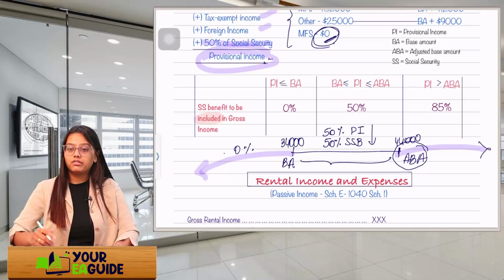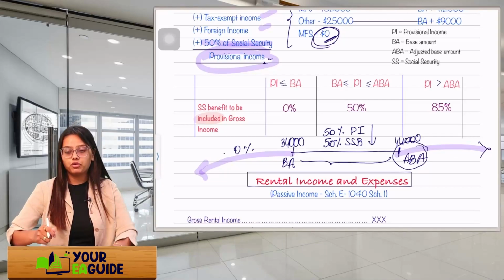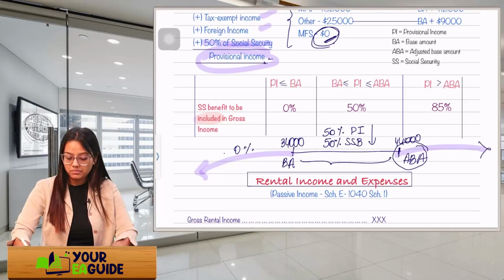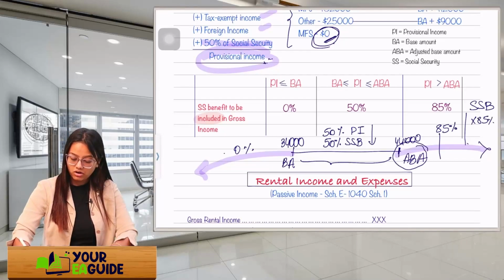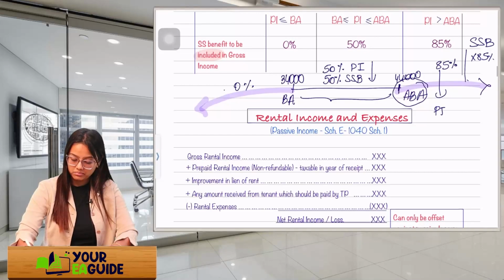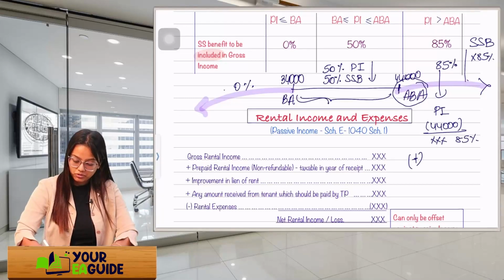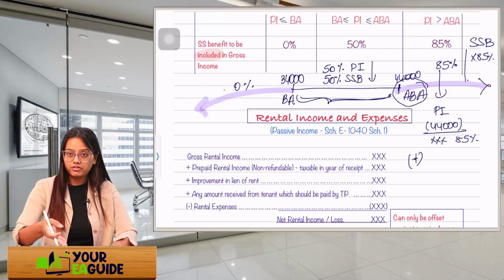Straight away take provisional income minus 44,000, whatever is the amount, multiply it by 85%, or social security benefit multiplied by 85%. So this is your provisional income minus 44,000, into 85%, plus this up to this much also you have to apply 50%, right?